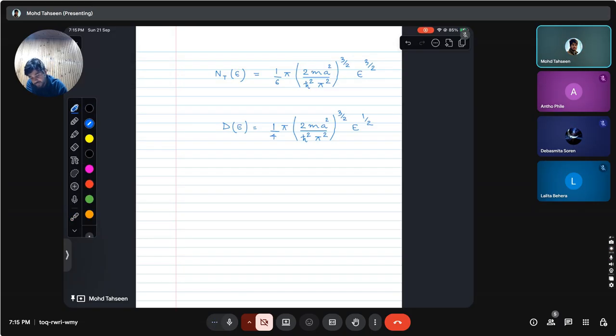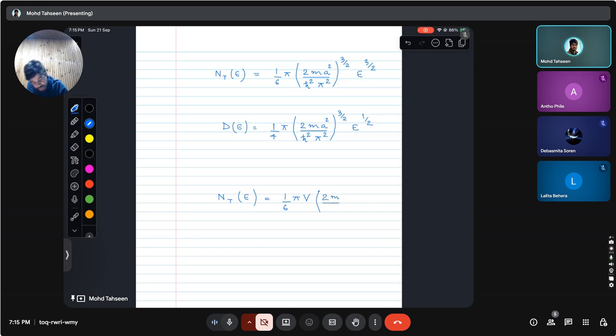And now for a generic system which does not have the same confinement in all directions, we can simply write this as 1/6 pi, and I can write V here to take out this effect of A altogether, and all other things remain the same.